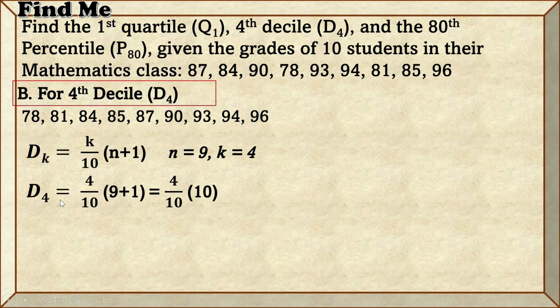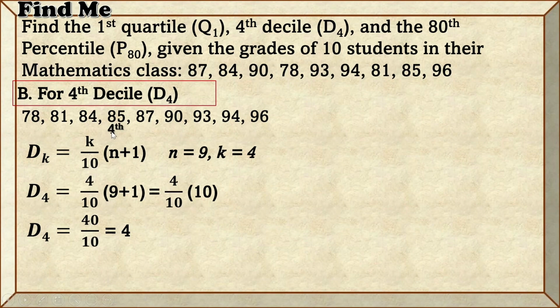Then, substitute in the formula. So, we have the position of fourth decile is 4 over 10 times the quantity of n plus 1, is equal to 4 over 10 times 10. So, we have the position of the fourth decile is 40 over 10 is equal to 4. The fourth decile is the fourth score of the set of data.